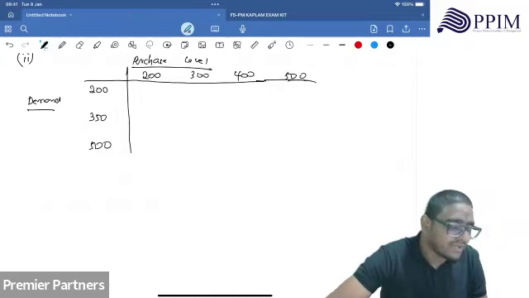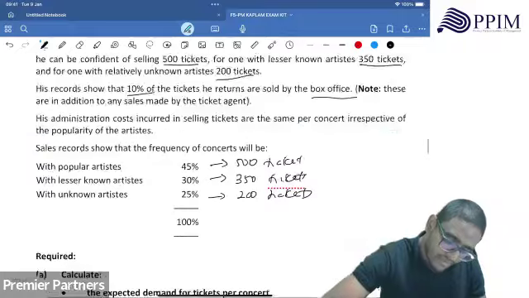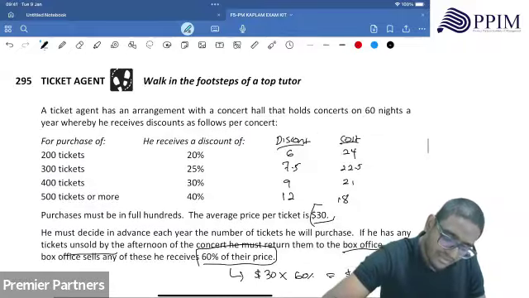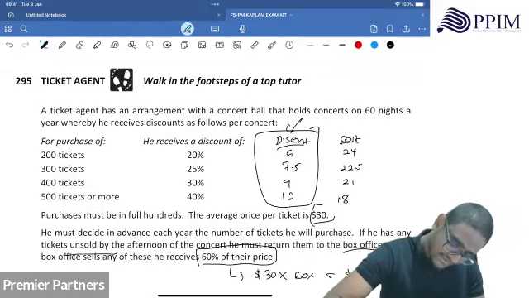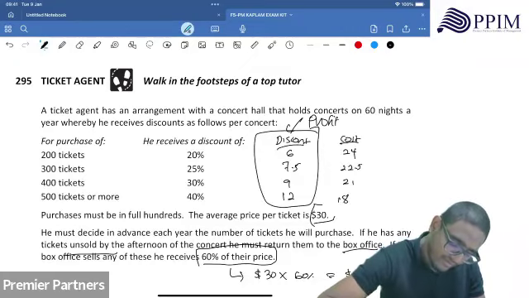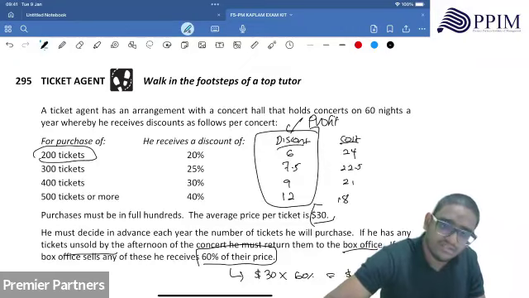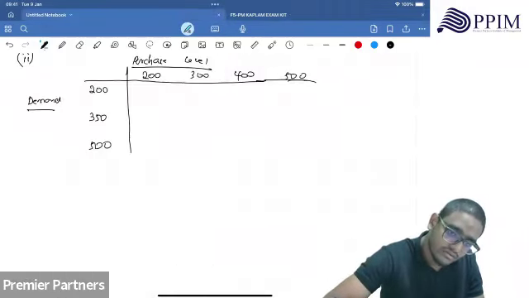The profit in this case will be equal to your discount. So this discount I calculated here is actually your profit also. Every ticket I sell, if I buy 200 tickets, my profit is 6 per ticket.